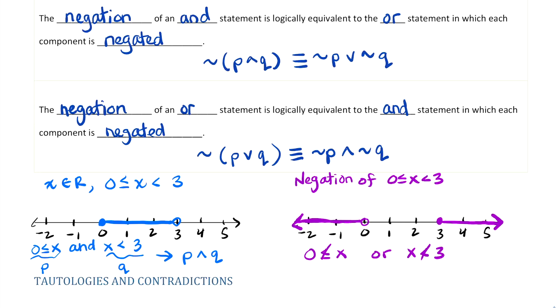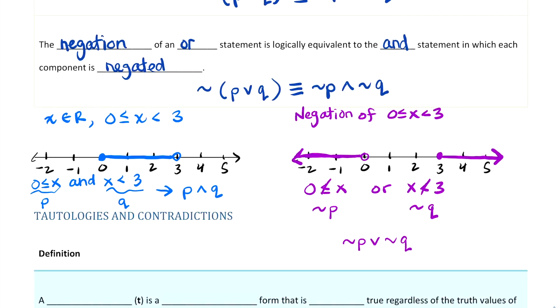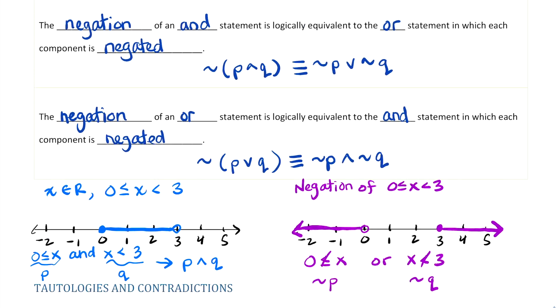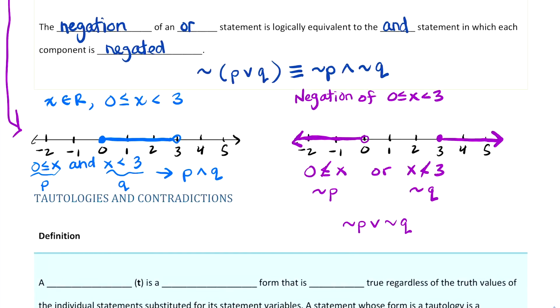Well, isn't this not p? This is not q. And so we would have not p or not q. Isn't that kind of groovy? So that's sort of an illustration of one of De Morgan's laws. And that is actually the first one, the first De Morgan's law illustrated.